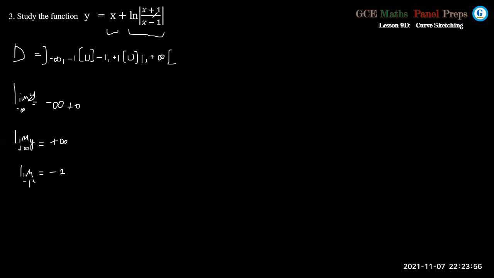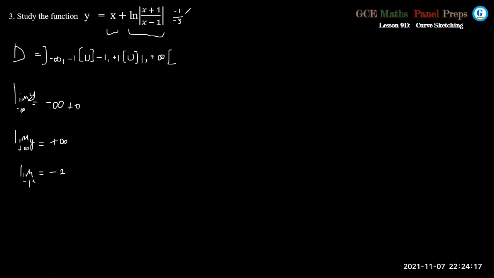Let's take -2. -2 plus 1 is going to give us -1, and -2 minus 1 is going to give us -3, right? Yes, sir. -1 divided by -3 is equal to 1/3.